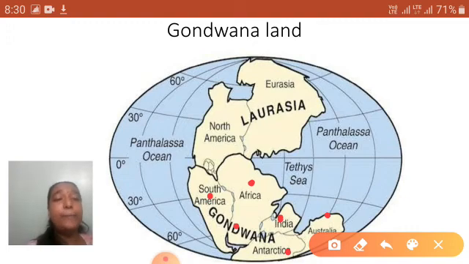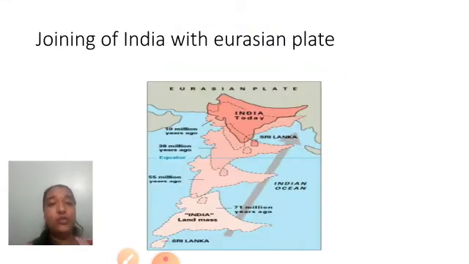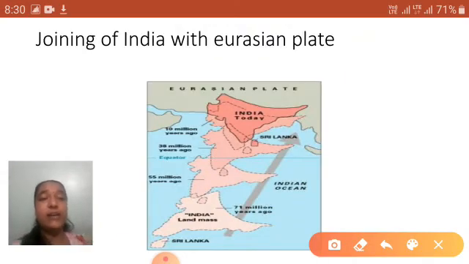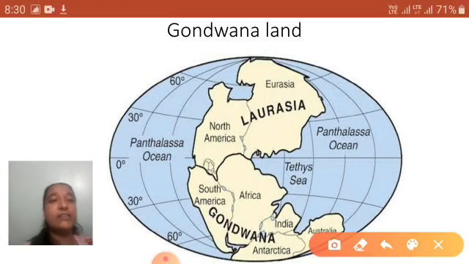Due to some convectional current, there was a drift between India and the Australian region. You can see here the India landmass which has moved and joined the Euro-Asian plate.